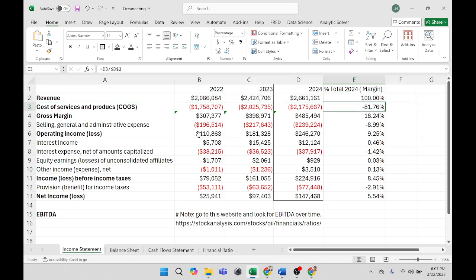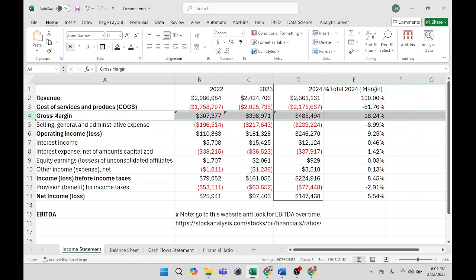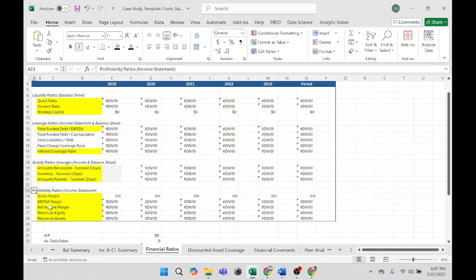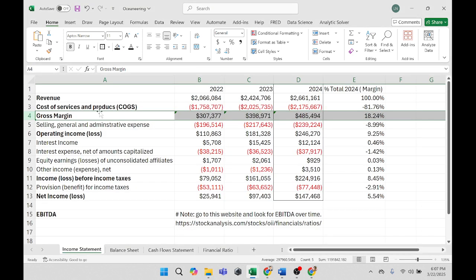There's a bunch of numbers. Which one should you focus on? Keep in mind, this line you see is gross margin. Going back to this, do you see gross margin right here? So that means this is the gross margin. I'm going to highlight that.